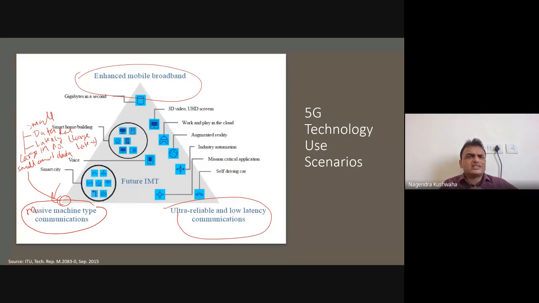Because these sensors are like gas sensors, electricity sensors, temperature sensors, and other sensors. So we can afford a data latency of maybe 1 minute or 2 minutes. Suppose your gas meter or electricity meter is there. They are designed to send the data maybe after 15 days or 10 days, not on a regular basis. And the data is still very small. So here we have the freedom of large latency and small data.